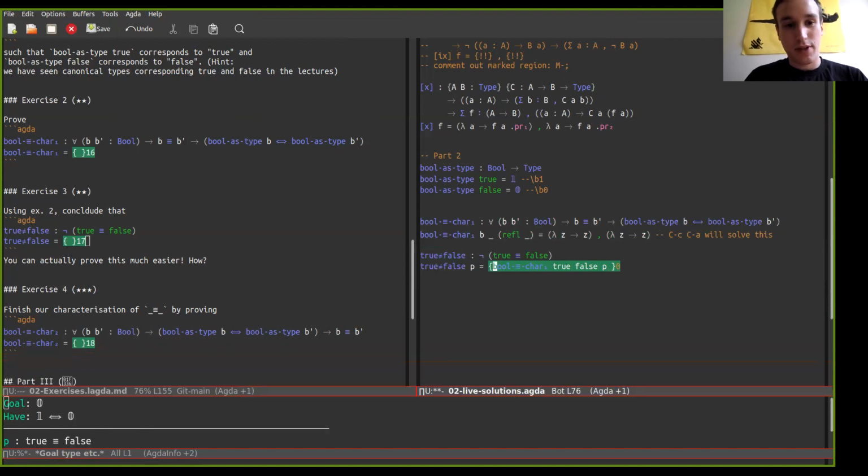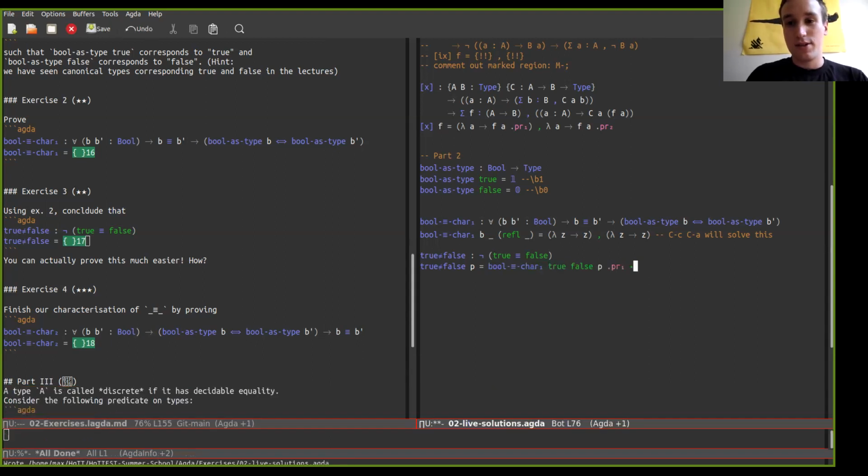What we have is something of type unit type equals empty type, or is equivalent to the empty type. So we only need the left to right implication to get a contradiction. So this will be PR1 of this. We have a function from the unit to empty, and we can plug in the one element that we have in the unit type, the star, and that's it.